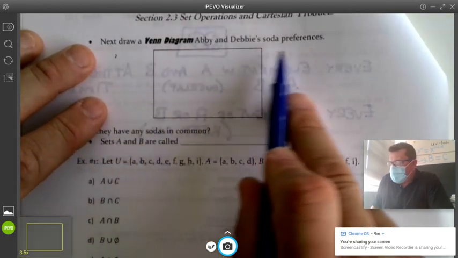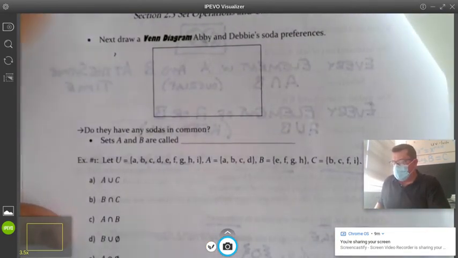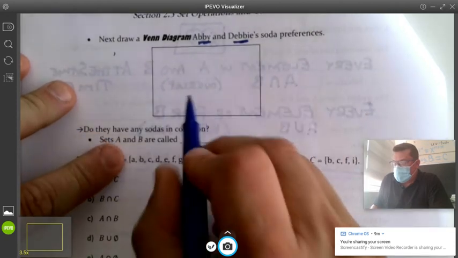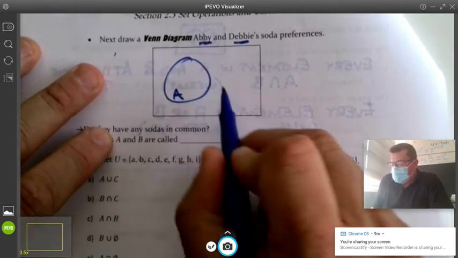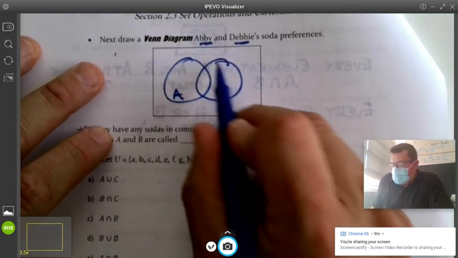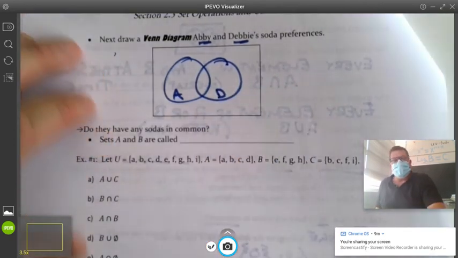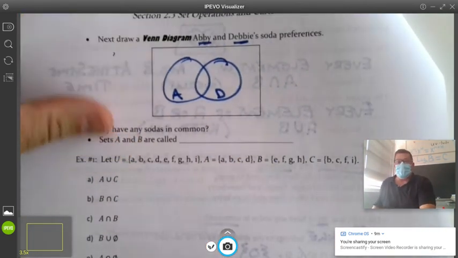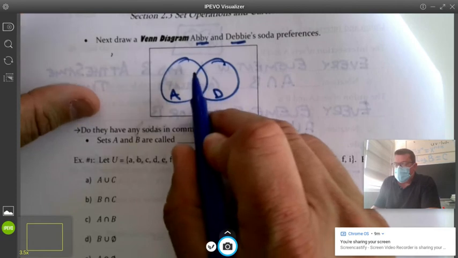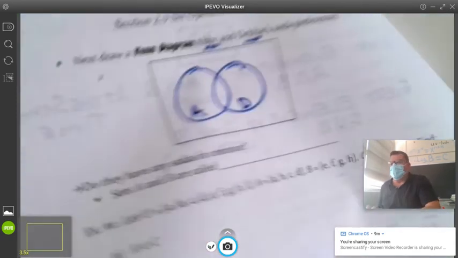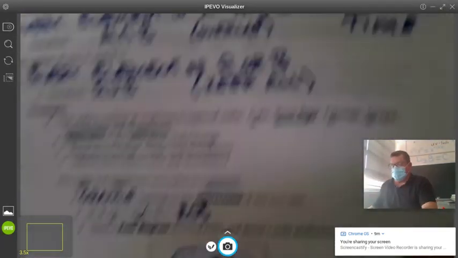Next, draw a Venn diagram. Oh, did we already do that? No, Abby and Debbie. So this time we're going to use Abby's preferences and Debbie's preferences. The first place that I like to start is where they overlap. So flip back a page and see where Abby and Debbie overlap.